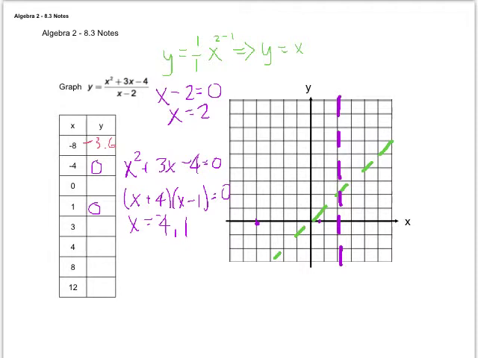And then go ahead and put 0 in. And we love zeros because that just makes life nice. So I'm going to have 0 squared plus 3 times 0 minus 4 over 0 minus 2. And this is a 0. And that's going to be 2.